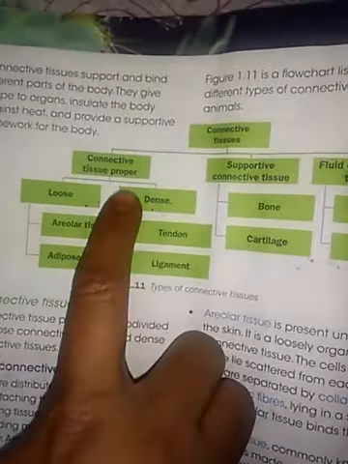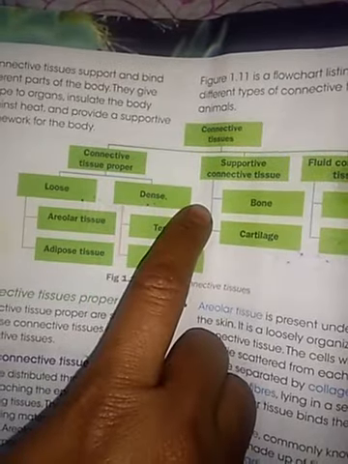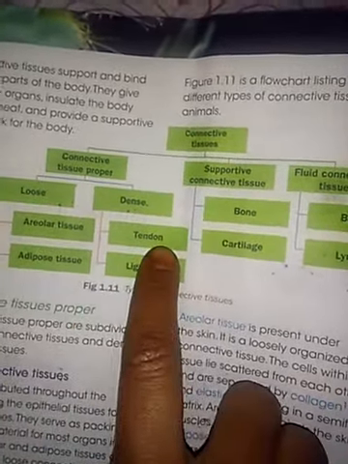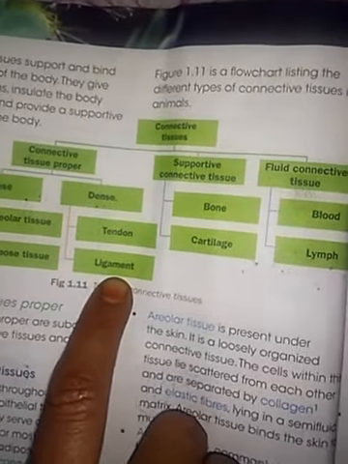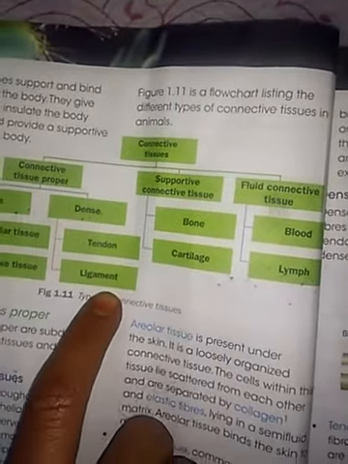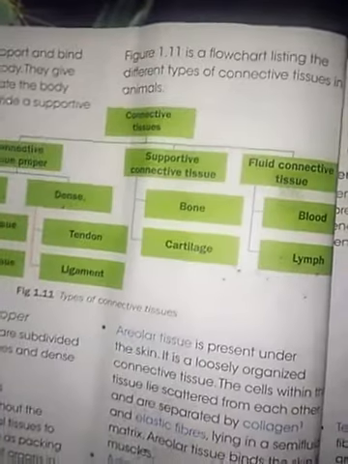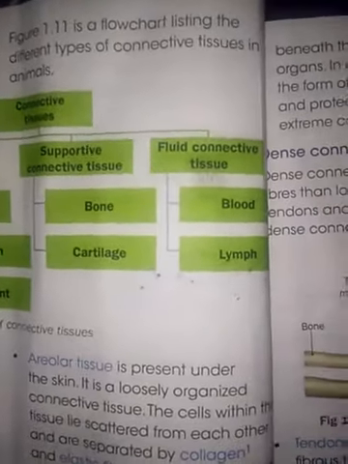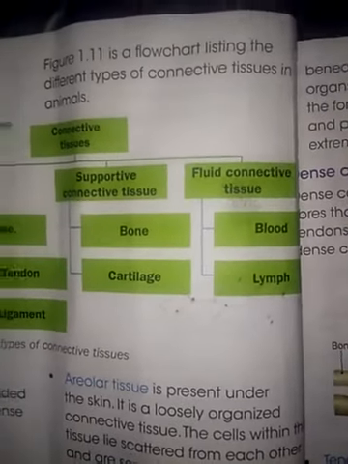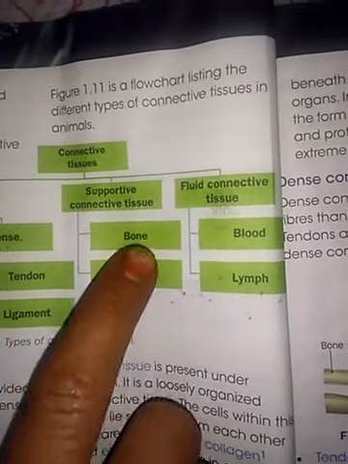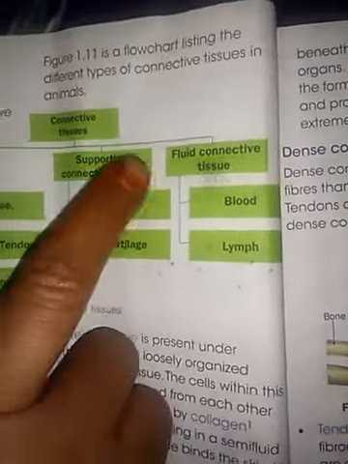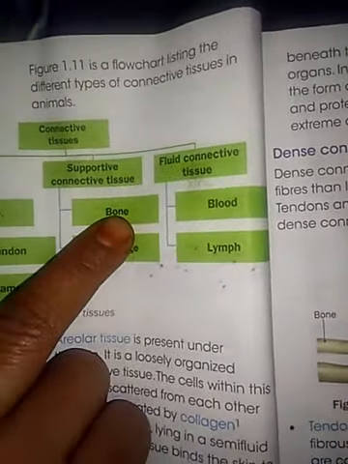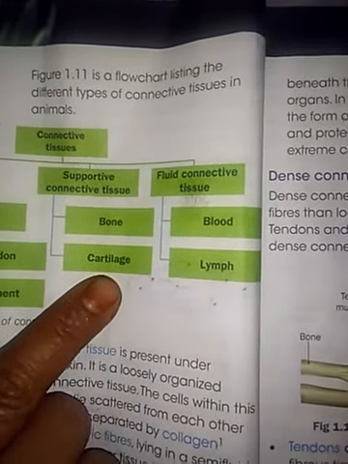The dense is again divided into two types, that is tendon and ligament. Supportive connective tissue is subdivided into two types, that is bone and cartilage.